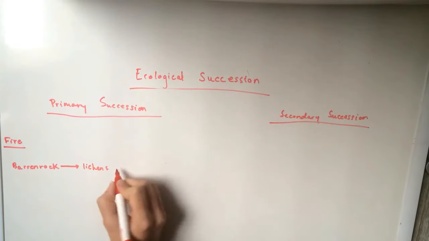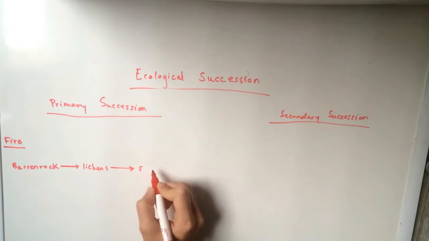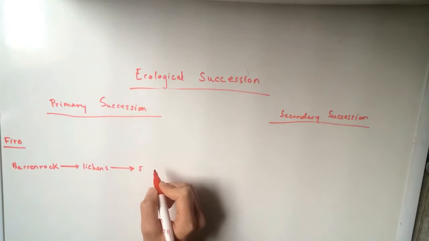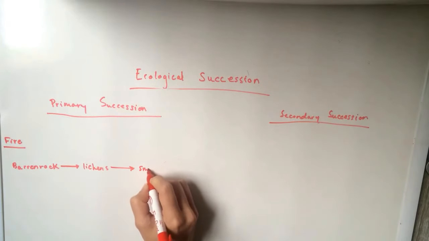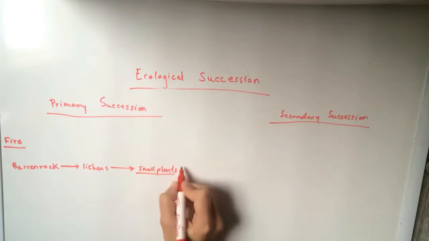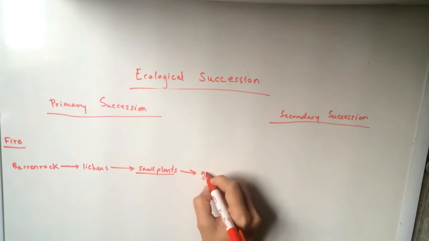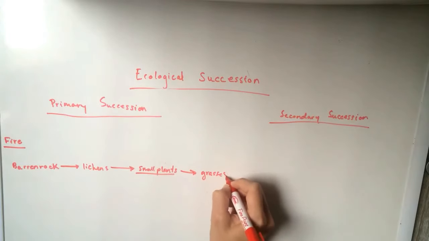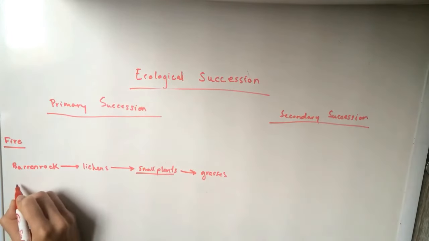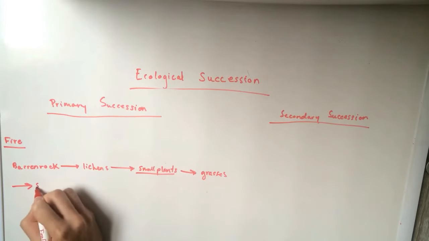and then from lichens we can form small plants and shrubs. And then from small plants we can have some grasses. And then from grasses, I'll just drag the arrow here, we can start to form shrubs and small pine trees.